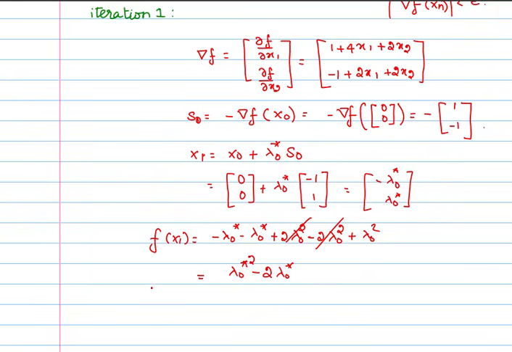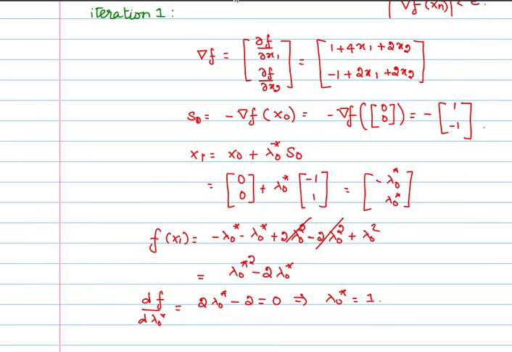Now this is a function of lambda naught. So d of f of x1 by d lambda naught star equal to 2 times lambda naught star minus 2 equal to 0. This implies lambda naught star equal to 1.